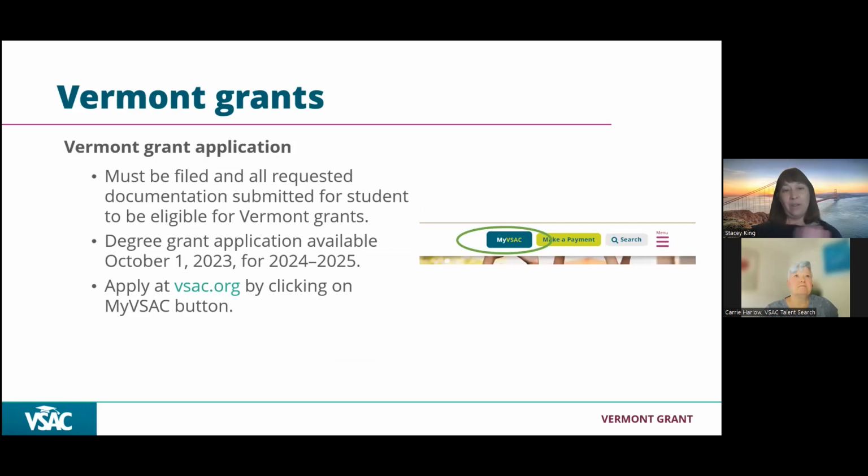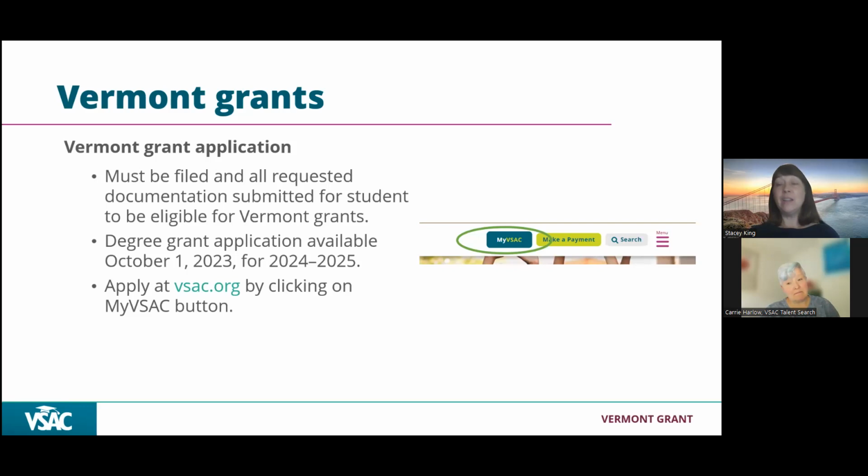And this is sort of what it looks like, a little snippet of the screen there. This is the top edge of the vsac.org page. And you're going to fill out the degree grant application in October, starting October 1st or later. And it's available throughout the year until all eligible funds are used or allocated.